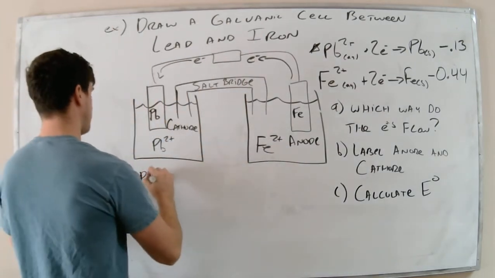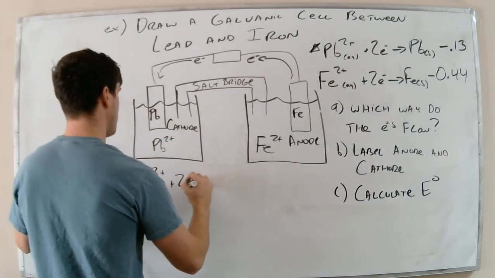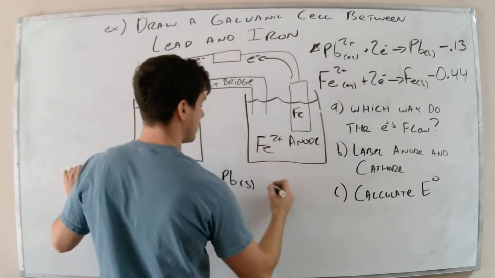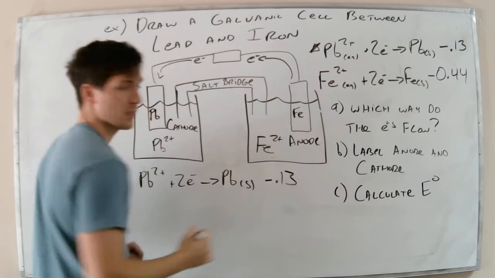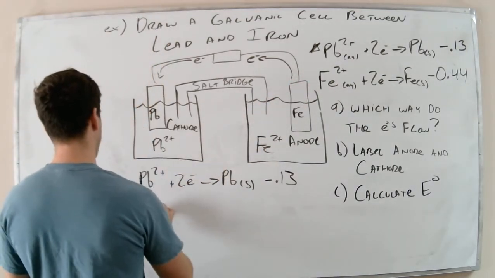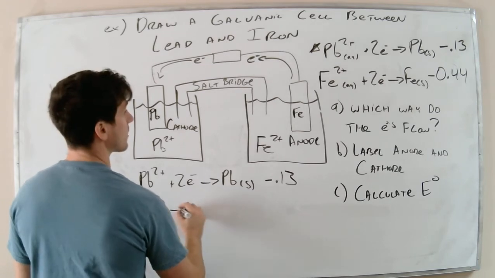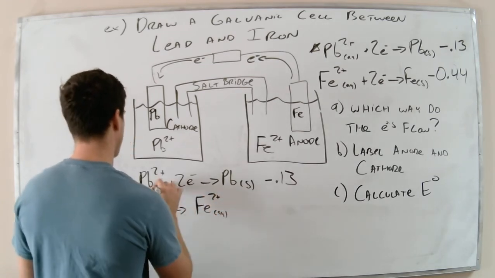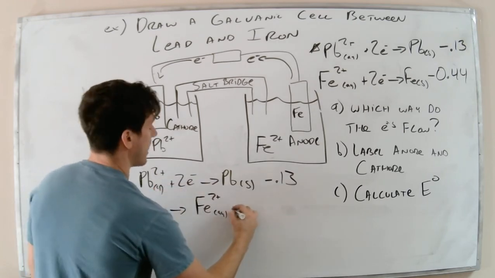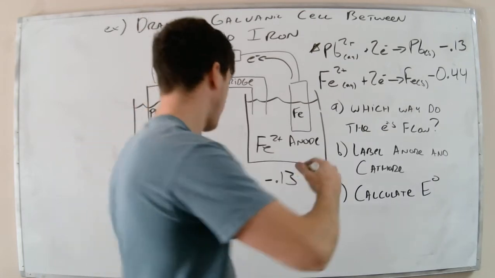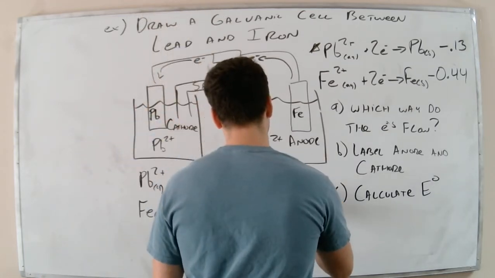So we'll have Pb2+ plus 2 electrons makes Pb solid, and it is still negative 0.13 because it's reduced. But iron now, which is oxidized, we have to flip it, and it is going to become Fe2+ (aq) plus 2 electrons. These are both aqueous, by the way. And now since I flipped it, it's no longer negative 0.44. It is positive 0.44.